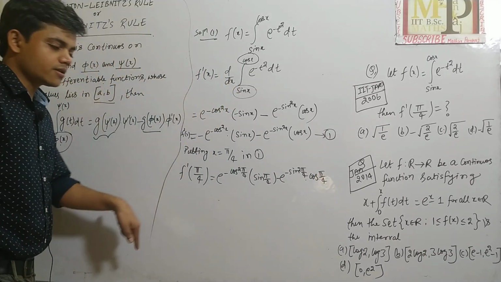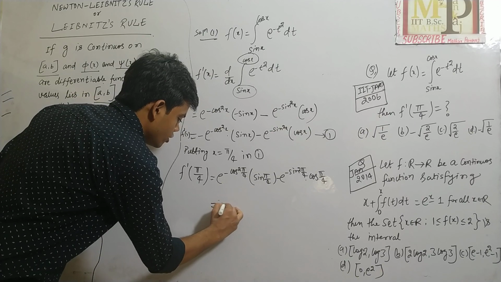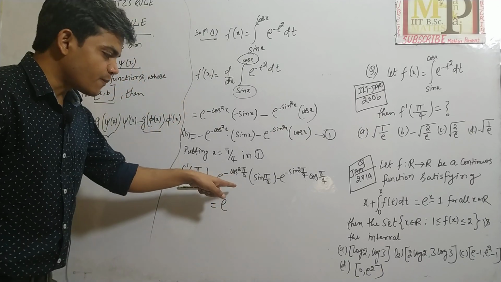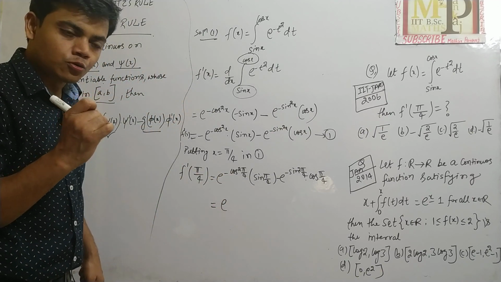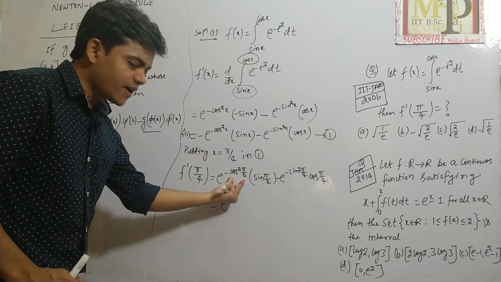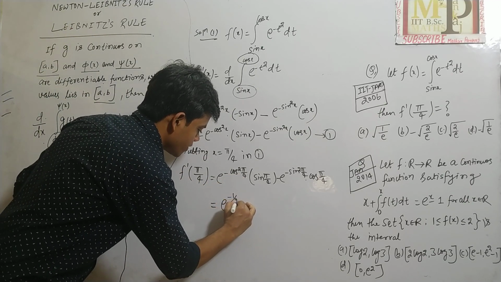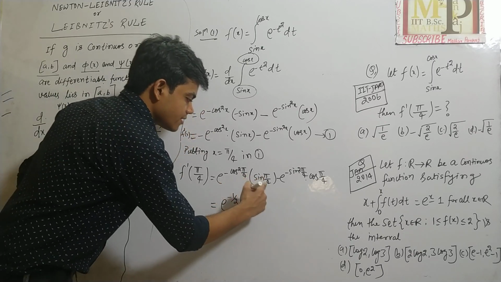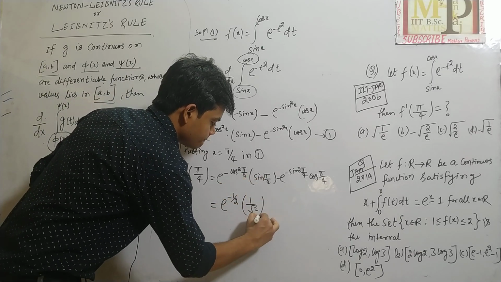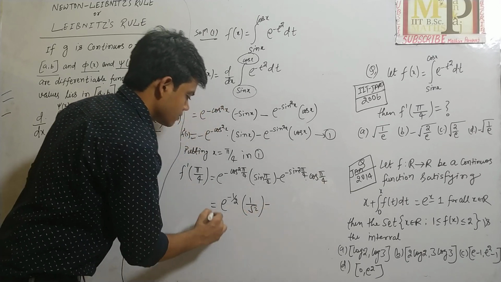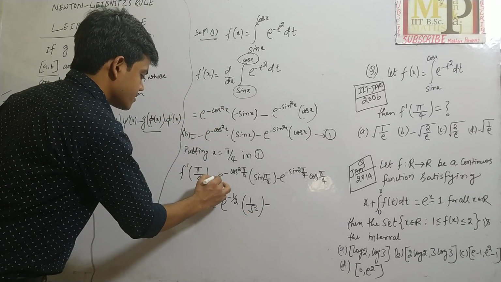Is this all right? Now cos pi by 4 is 1 by root 2, so the square of 1 by root 2 is 1 by 2. It becomes minus e to the power minus 1 by 2 into sin pi by 4, which is 1 by root 2. Don't forget the minus sign is here.